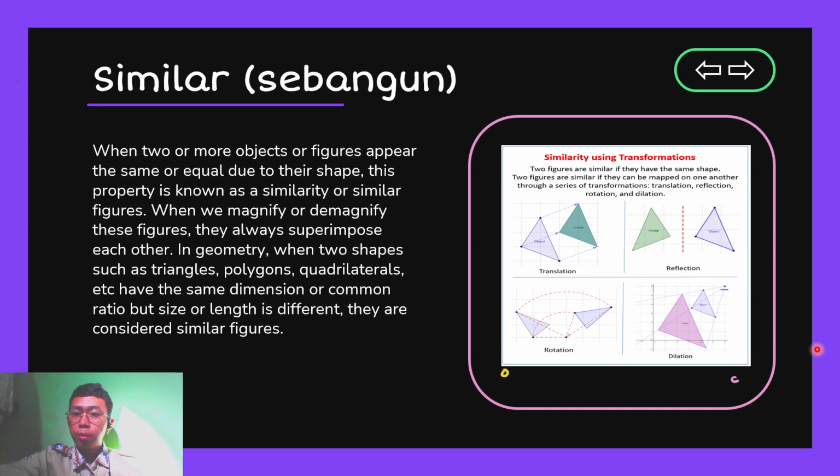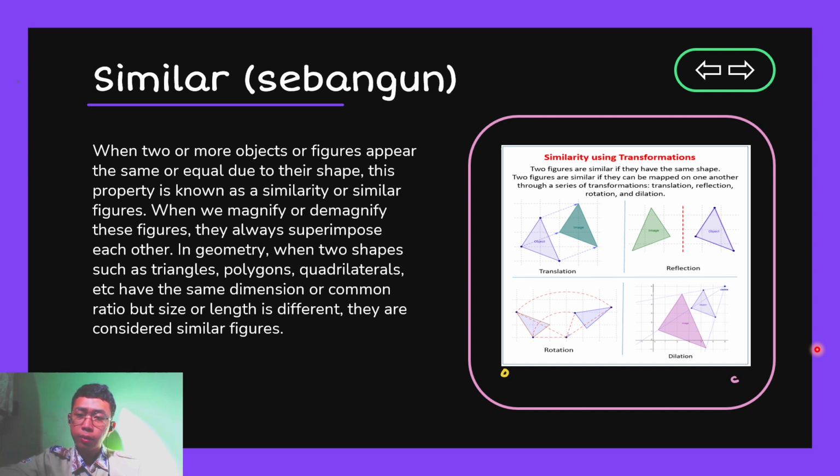Similar. In bahasa bangun sebangun, when two or more objects or figures appear the same or equal due to their shape, this property is known as similarity or similar figures. When we magnify or demagnify these figures, they always superimpose each other.